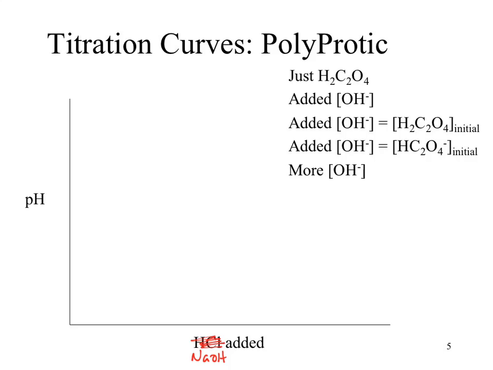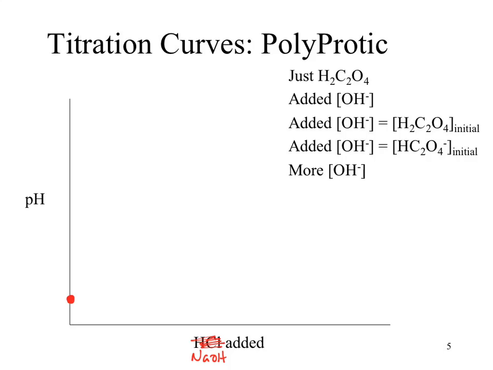What is oxalic acid? An acid or a base? How do you know it's an acid? There's an H in front and I said acid. So take advantage of that. Where should your pH be? High or low? Low. So let's say we start with oxalic acid, nice low pH.